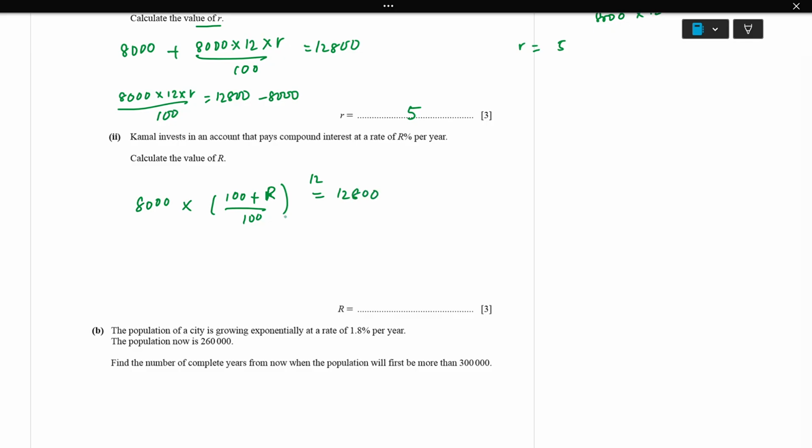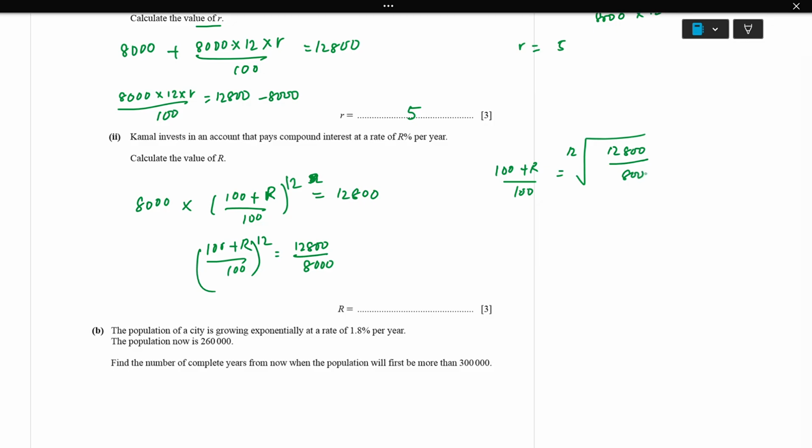Here we need to find R. So first, (100 plus R over 100) power 12 equals 12,800 over 8,000. The next step, 100 plus R over 100 equals the 12th root of 12,800 by 8,000. So we'll get the answer.